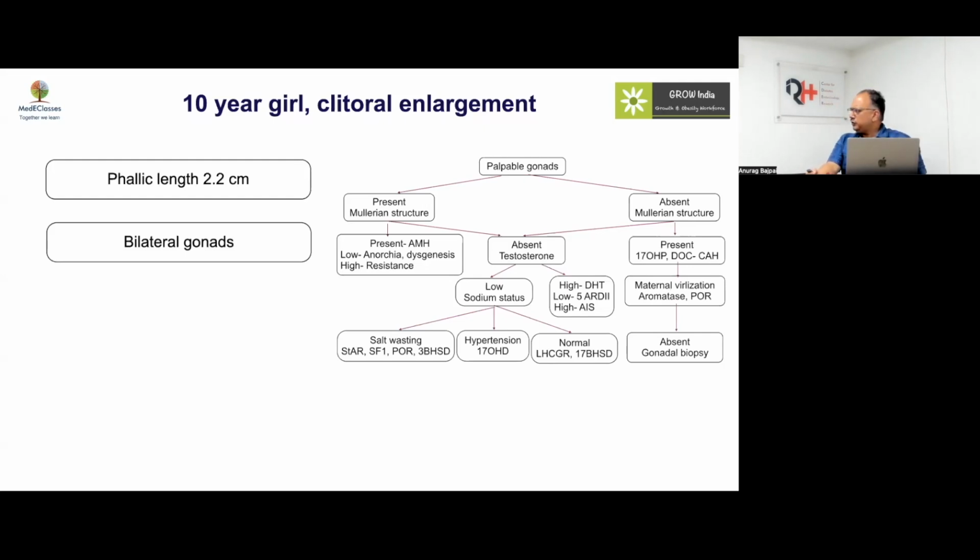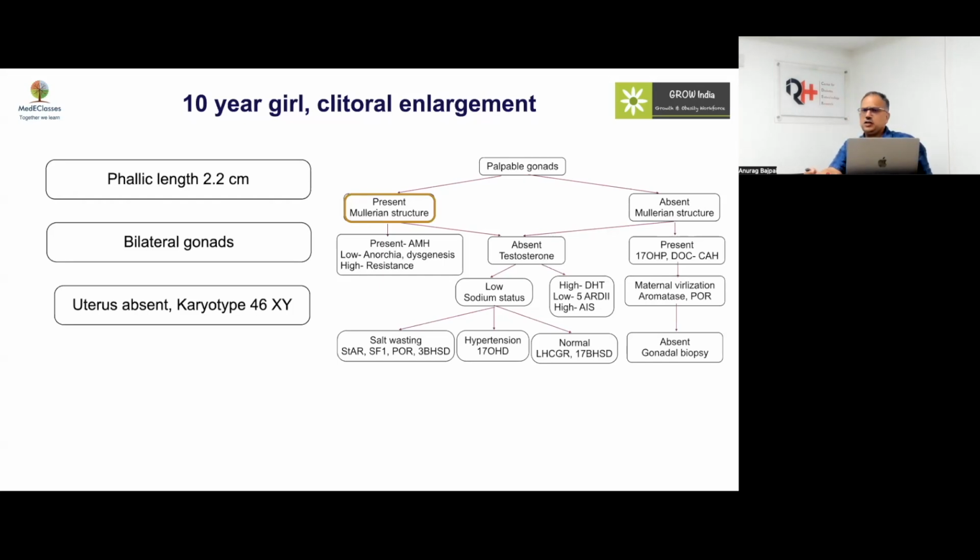So now the next step, of course, will be to look at the Mullerian structure, which in this case was absent. And as you said, this was an XY karyotype. Now, how will you know this is 17 beta HSD versus partial AIS versus 5-alpha reductase? If the LH levels are pubertal, we would like to do basal LH.